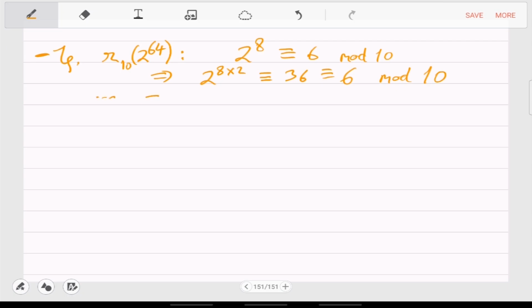After similar things, you will reach 2 raised to 64 is also the same as 6. And if you keep doing this infinitely many times, you will reach 2 raised to n is also 6, right? So this is true for all n.